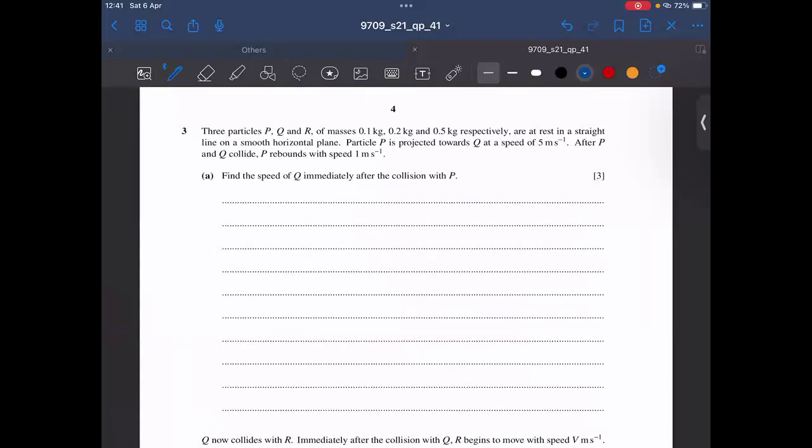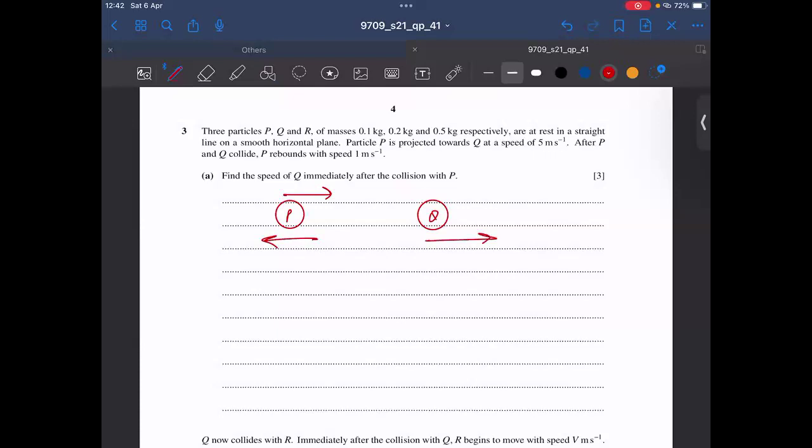Particle P is projected towards Q. After P and Q collide, P rebounds with a speed of... Q is at rest basically, and P rebounds and Q is going to move towards right, of course.